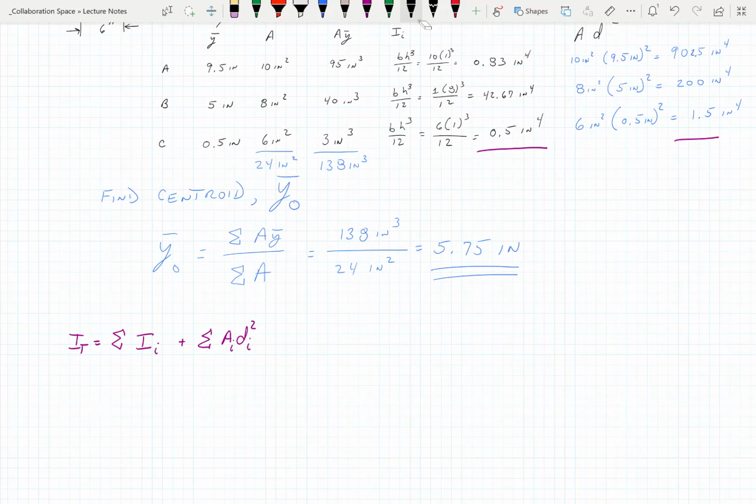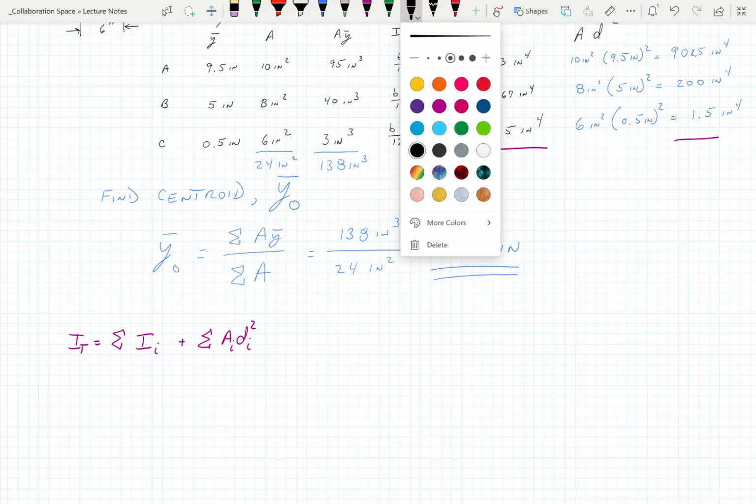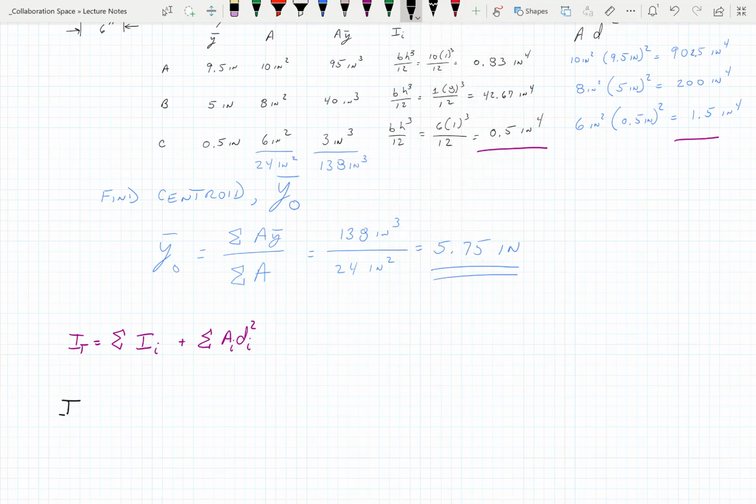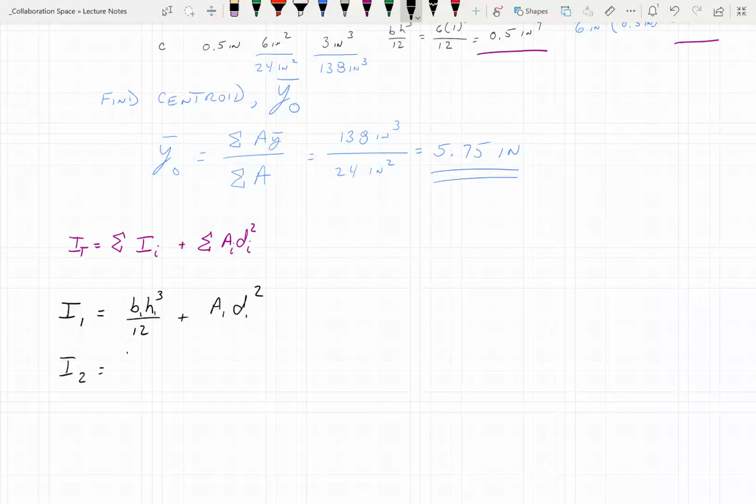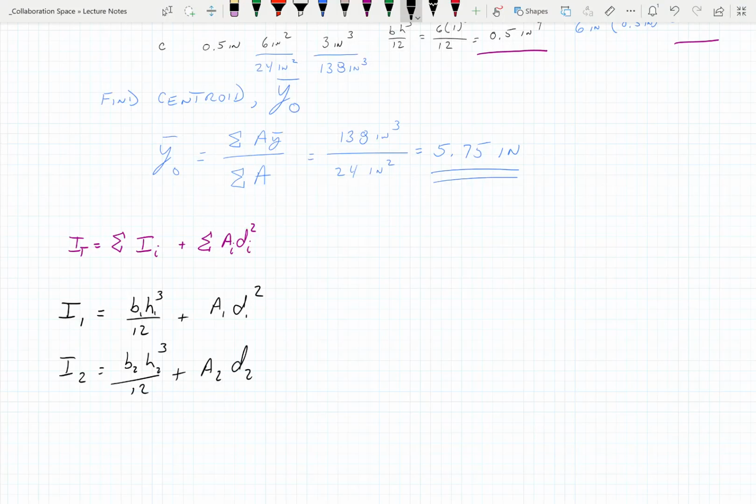Let's do that so you can actually read it. I1 is equal to the base times height cubed over 12, B1 H1 cubed over 12, plus the A1 D1 squared. And then I2 equals B2 H2 cubed over 12 plus A2 D2 squared.